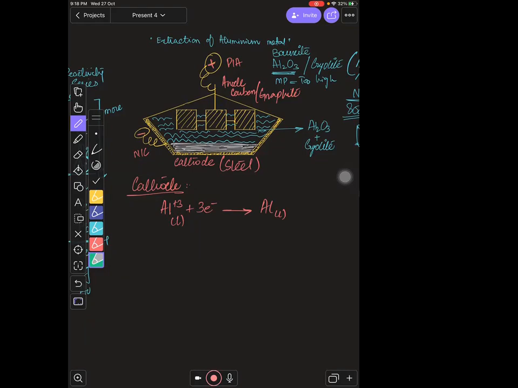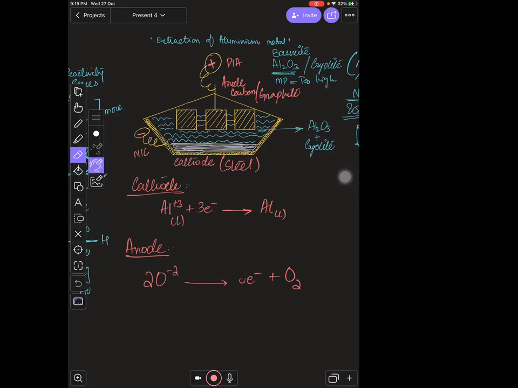Now, one more thing. If you talk about the anode, at the anode we have oxide ions over here. So they lose electrons and form oxygen gas. Now, oxygen is O2, so for this we require two oxides. When one oxide loses two electrons, two oxides lose four electrons.